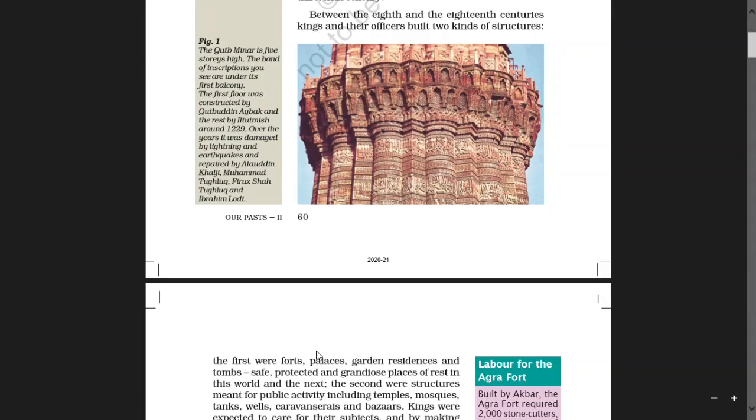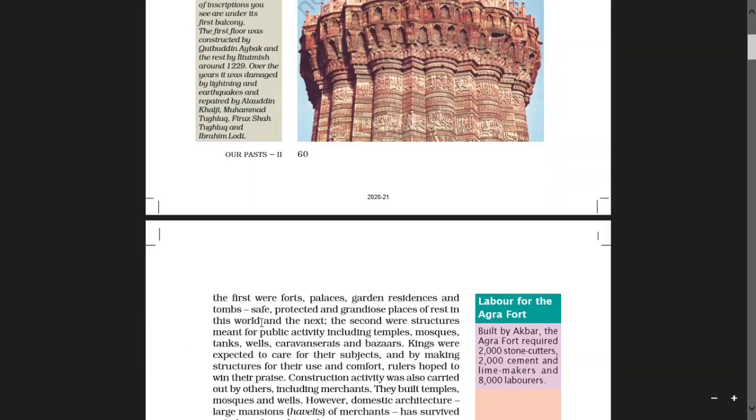The first were forts, palaces, and tombs, self-protected and grandiose places of rest in this world and the next. The second were structures meant for public activity, including temples, mosques, tanks, wells, caravanserais and bazaars.